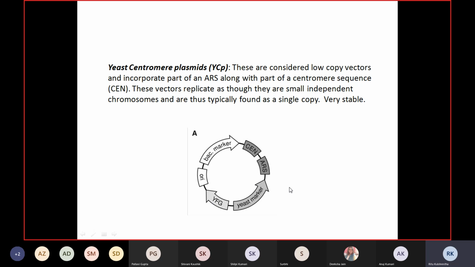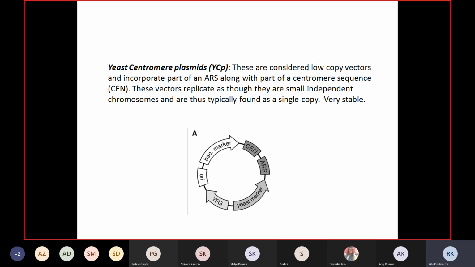It has the autonomous replicating sequence, but apart from that, it has a centromere sequence. So it means that this plasmid is comparatively much more stable, and the presence of the centromere will ensure that its distribution in the daughter cells is comparatively much more even as compared to if the centromere was not there.